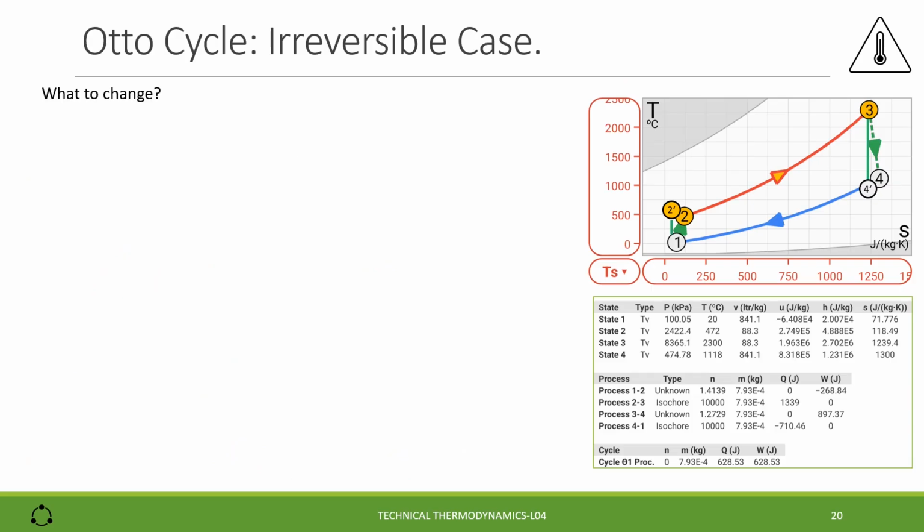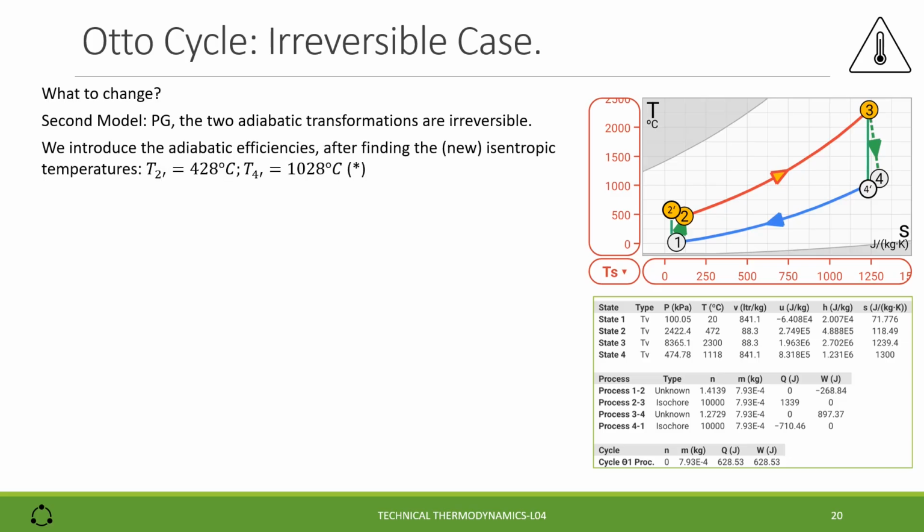What to change? We adopt now the second model, a perfect gas, and change the two adiabatic transformations into irreversible ones. For that, we introduce the adiabatic efficiencies of the compression and expansion transformations after finding the new isentropic temperatures T2' and T4'.